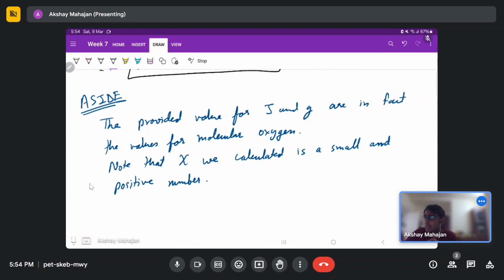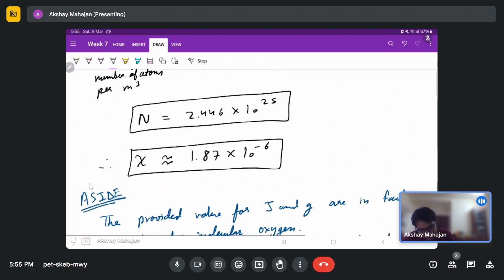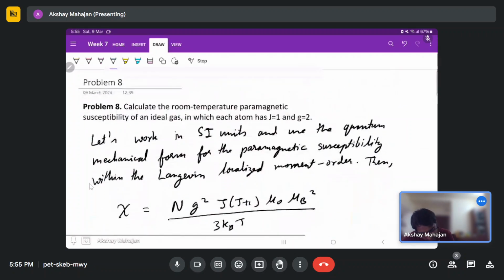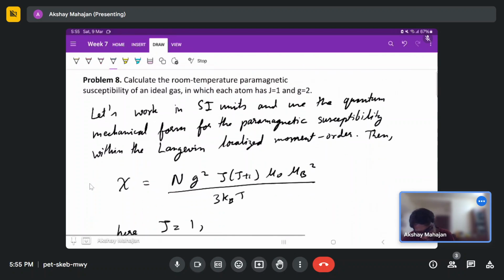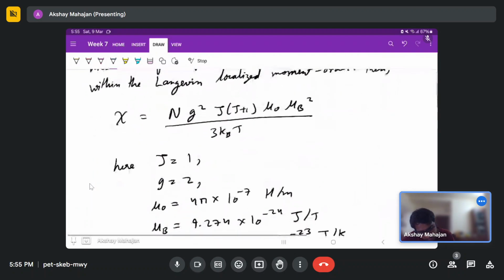The gaseous oxygen has a paramagnetic response. So this is for the paramagnetic case, and it is small, so that is going to be positive automatically.